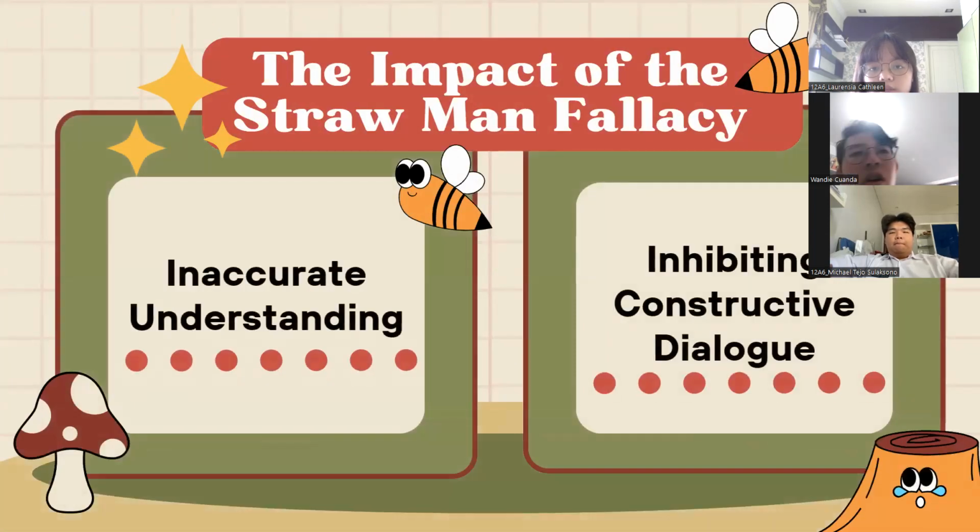The next one is the impact of the strawman fallacy. The first one is inaccurate understanding. The strawman fallacy can cloud understanding of one's true position in an argument. People who use strawman may make others think that an opponent's argument is more extreme or unreasonable than it actually is.